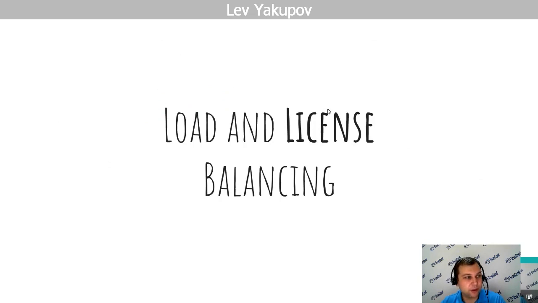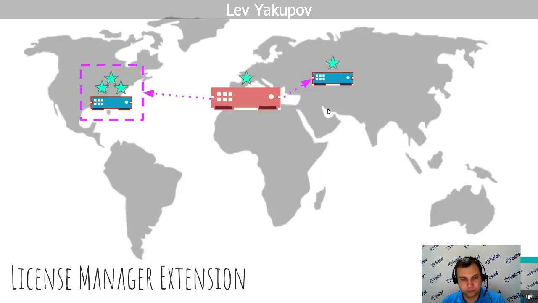Starting from version 4.4 of TrueConf server, which we released last month and which has built-in support for this feature, it is possible, when you buy this additional extension called balancing, to have the following deployment. The extension is called the License Manager extension.